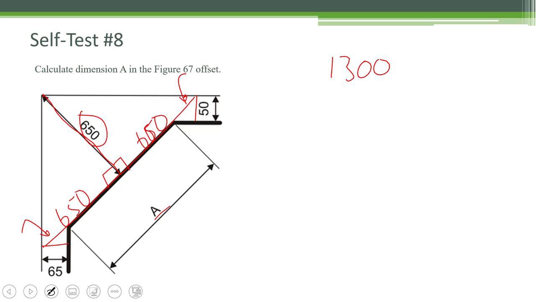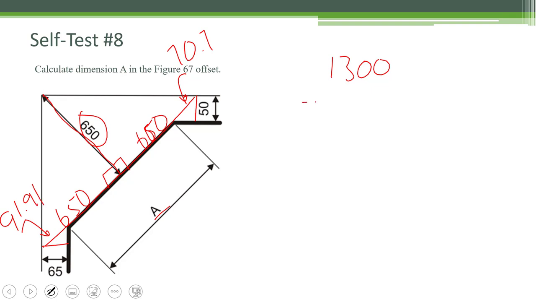Okay, but if the whole thing's not 1300, I have to take off those tips. So the top one is just 50 times 1.414, be 70.7 up top. That bottom one would be 65 times 1.414, 91.91. So we just take those off.